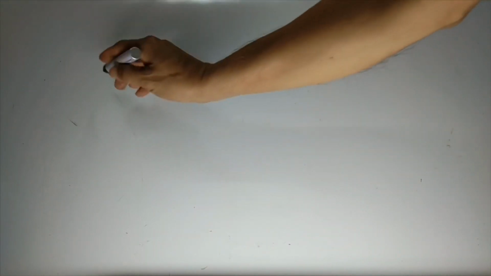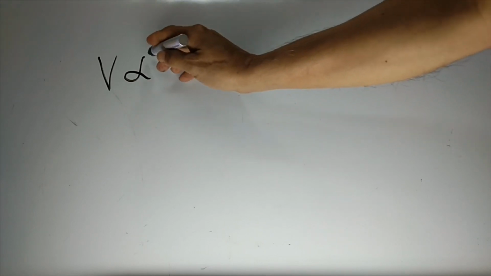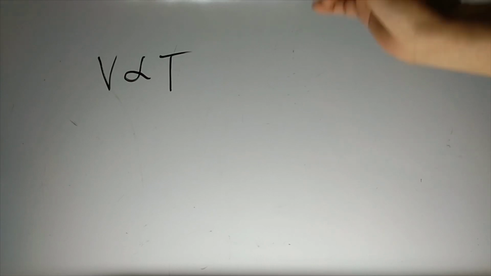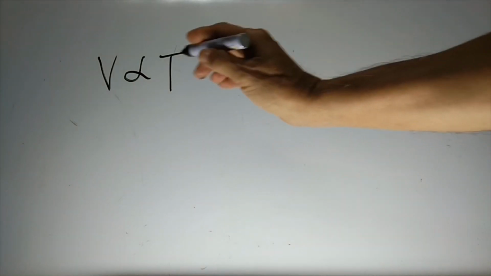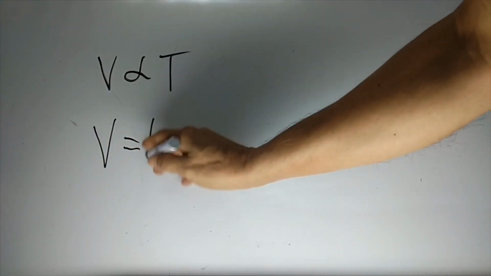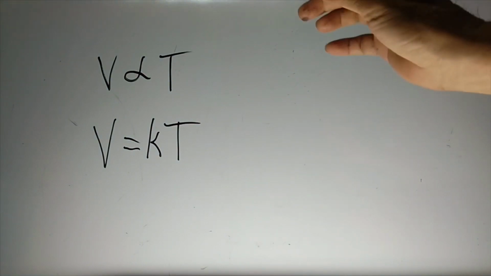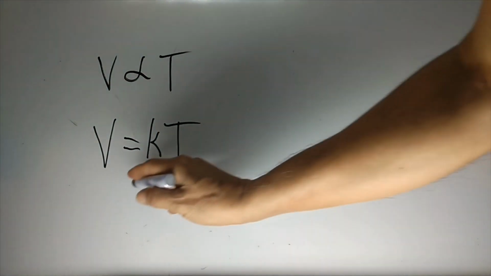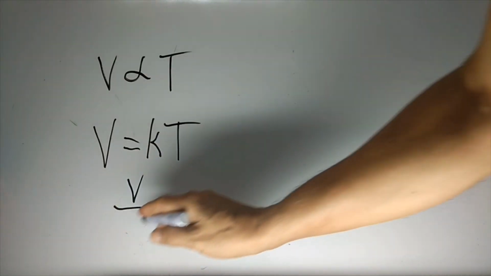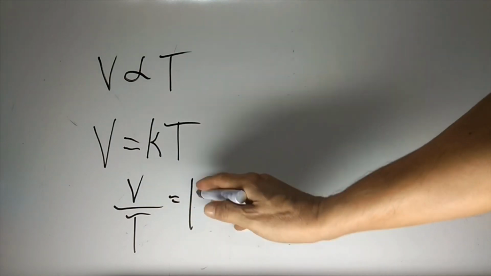Expressing Charles' law in symbols, this will become volume is directly proportional to its temperature. Expressing this mathematically, this becomes volume is equal to a constant times temperature, or this can be simplified as volume divided by temperature will give us a constant value.